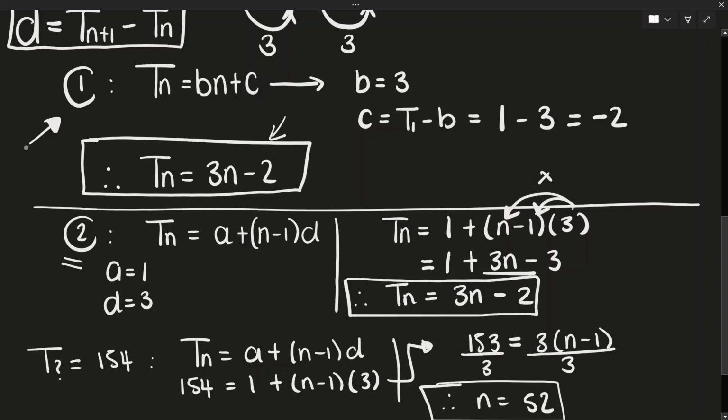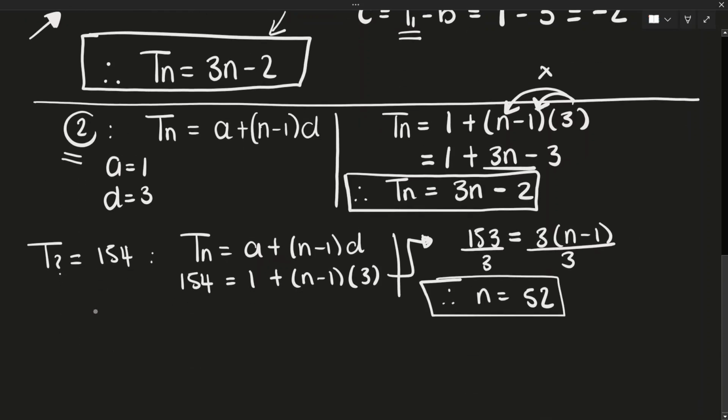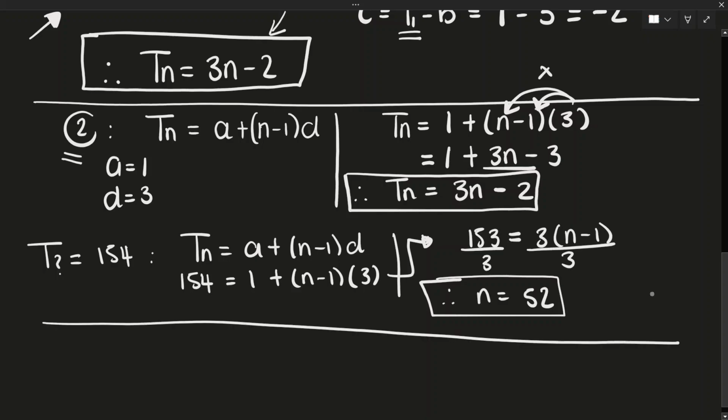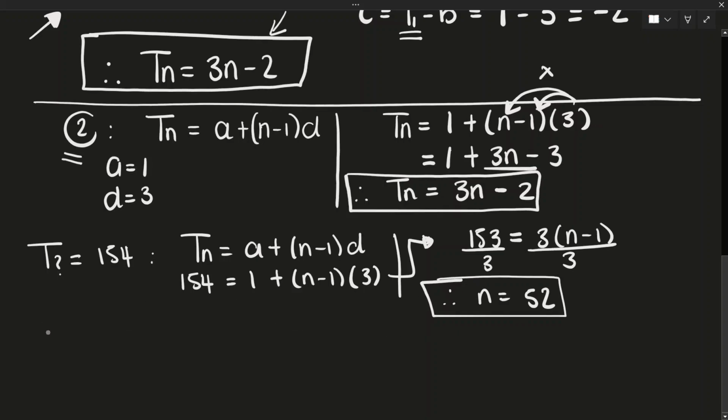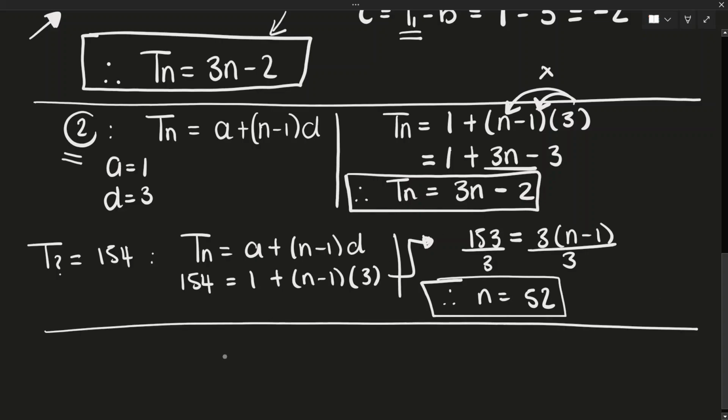But a pro of the first way of doing it is in the event that you don't get T1 immediately. Then you can write it as is like this. Tn is equal to Bn plus C. Substitute the values they did give you of a certain pattern. So for example, let's say they gave you this information.